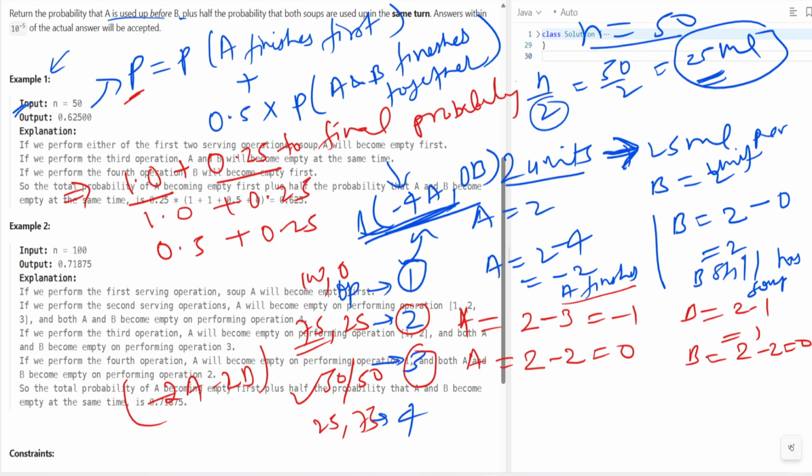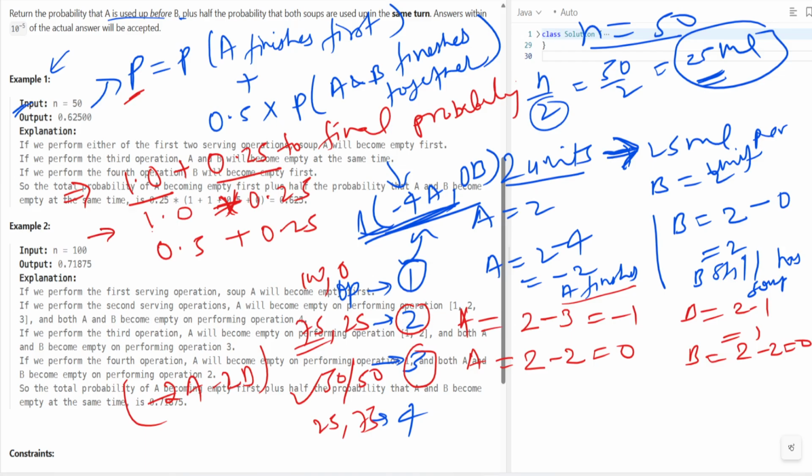So here we have taken 2 minus 3 is minus 1, so it is finishing first, becomes 1. Okay, so here we did a mistake. It will give 0.25, and you have to multiply this one into this one, because A contributed first.